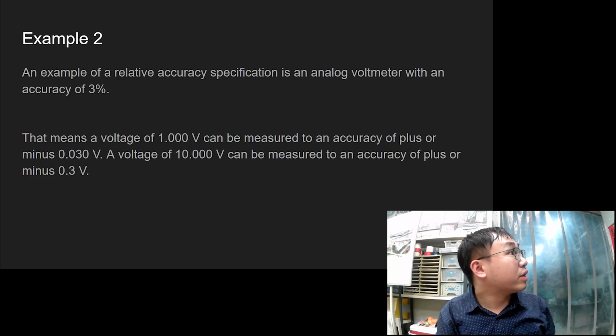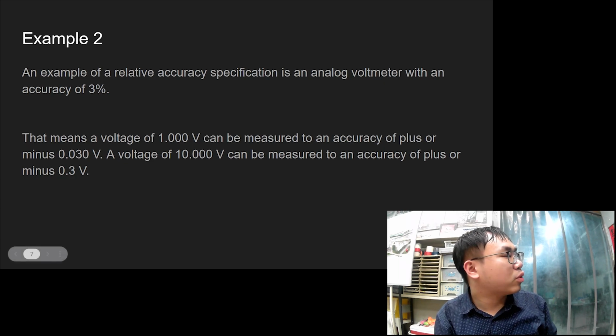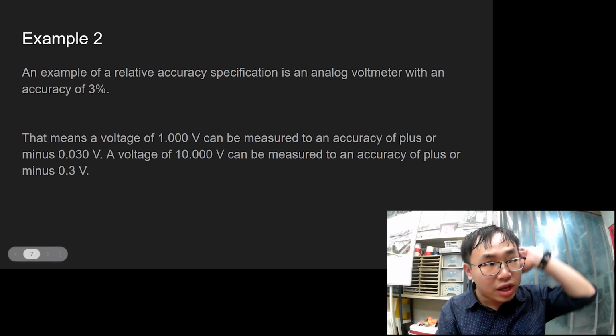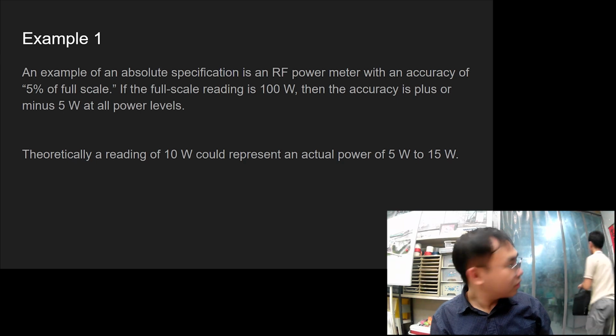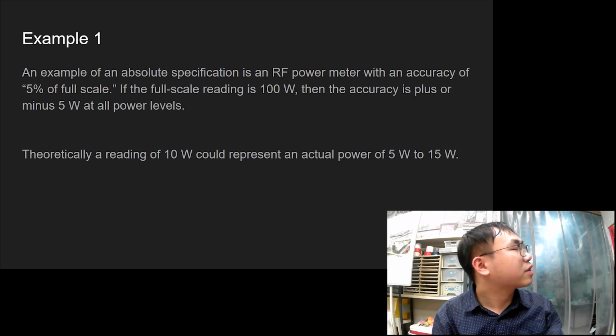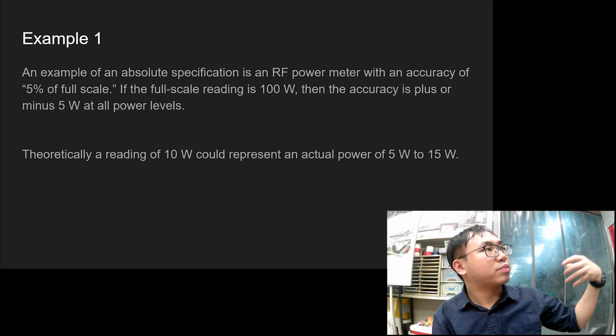Relative accuracy of 3%. So you know that for 1 watt, it is plus or minus 0.03 watts, and for 10 watts, it can be up to 0.3 watts. So how come they have a difference? It's because of the description. You have to pay attention to the description.